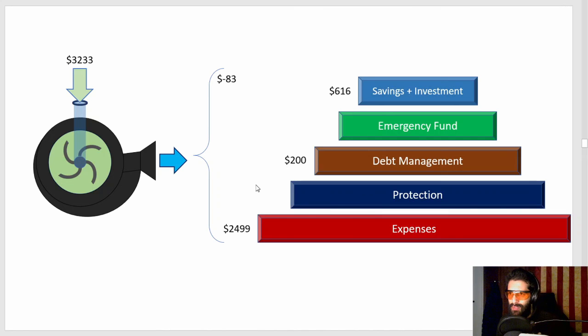I have the insurance category, which is basically the protection category. I could just rename that to protection and then put other things in there too, because a password manager or a VPN is a form of protection, even though it's a subscription.